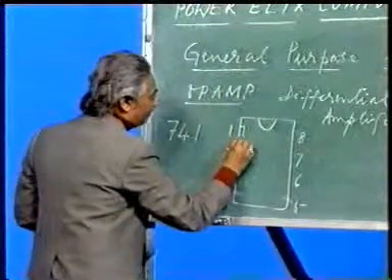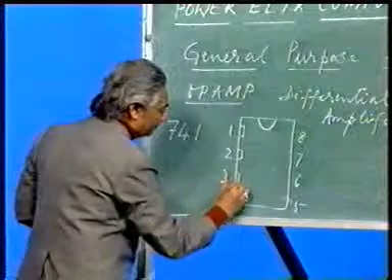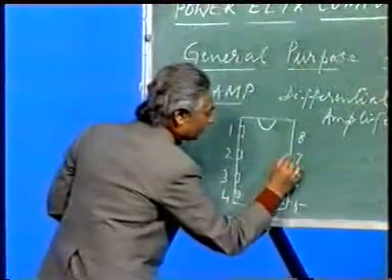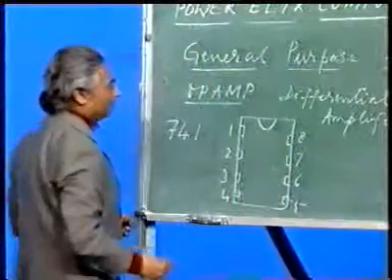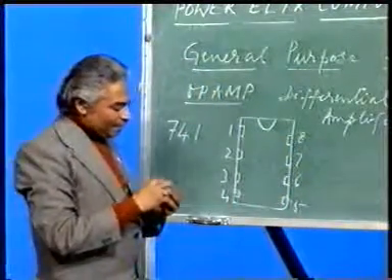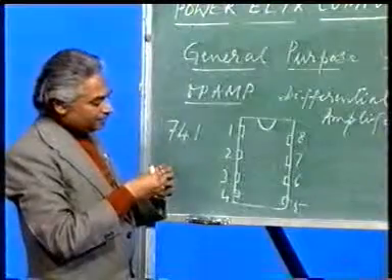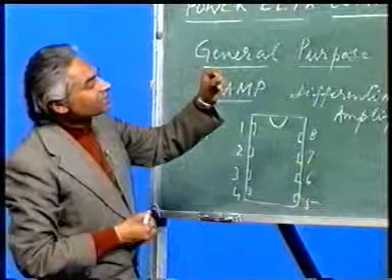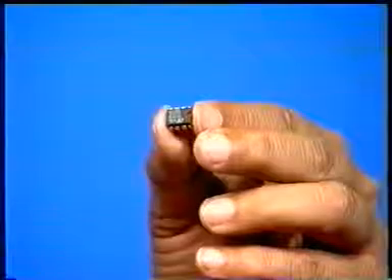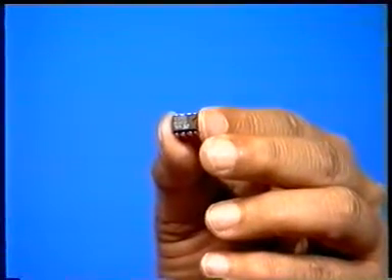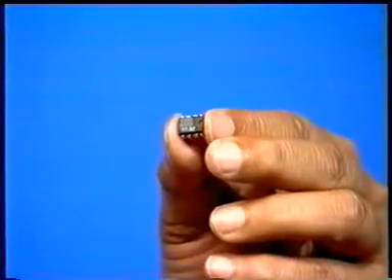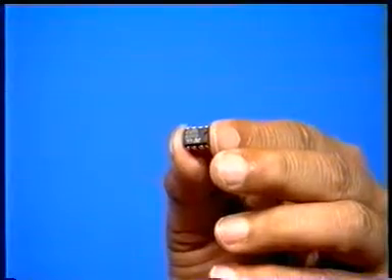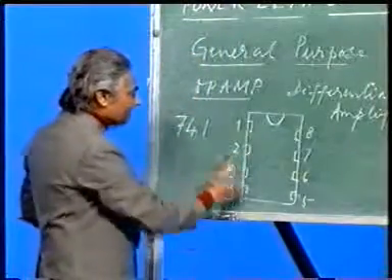Here are the pins. You see, I have one in my hand. You can look at it. This is an 8-pin IC, and this is nothing but the 741, an operational amplifier. Here also you will find 1, 2, 3, 4, 5, 6, 7, 8 pins. So it is like this, 8 pins.